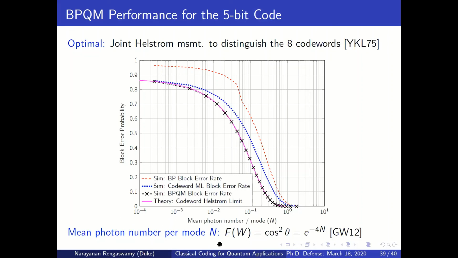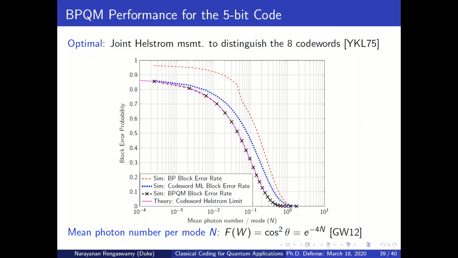You can roughly think of it as SNR, signal to noise ratio. So low mean photon number per mode is like low SNR, and this is the relevant regime for free space laser communication. This is the quantum advantage that you get if you build this particular receiver, compared to the receiver that is built today, which can only achieve the blue curve.